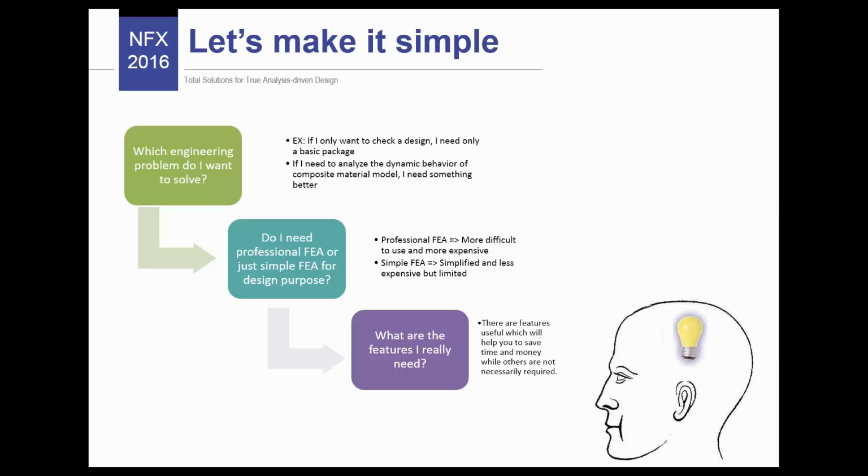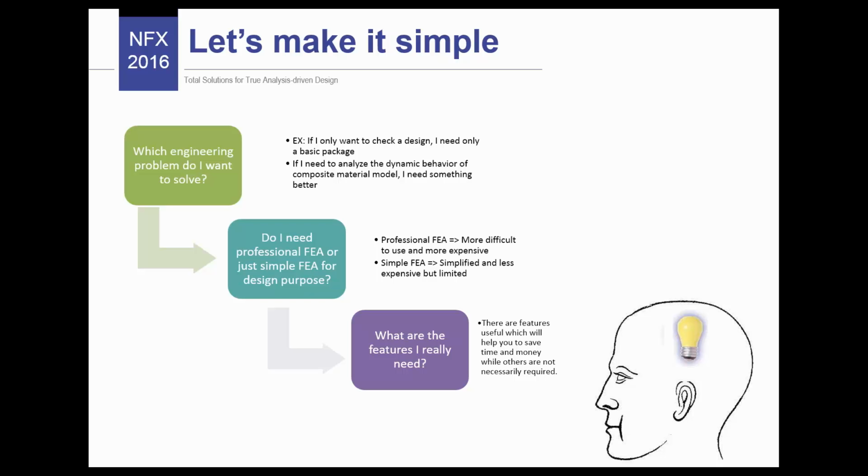So the first thing is to understand which engineering problem you really want to solve. Because if you want to use FEA, this is because you have some model to check, you have some analysis to do, you need to know the stress in a specific part, or you need to know if it breaks.